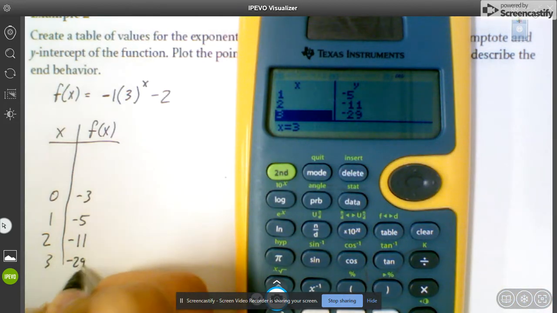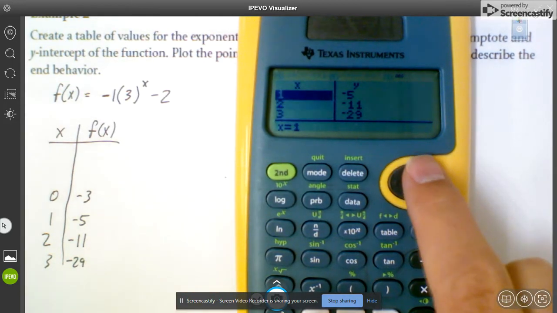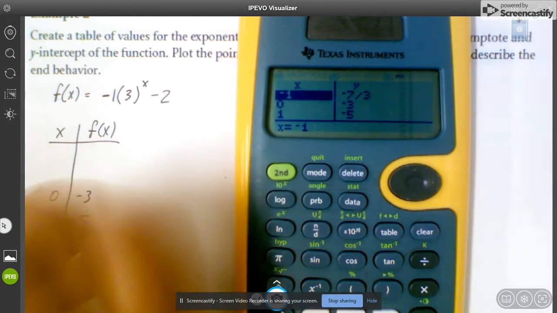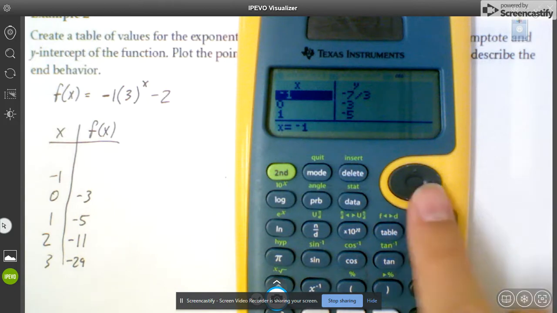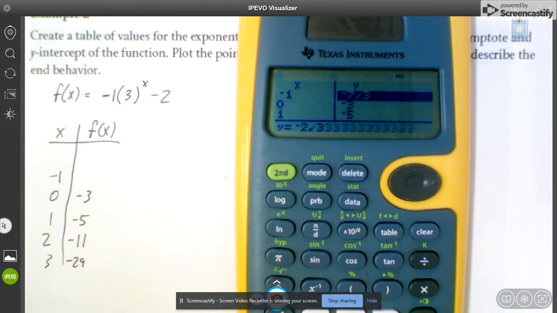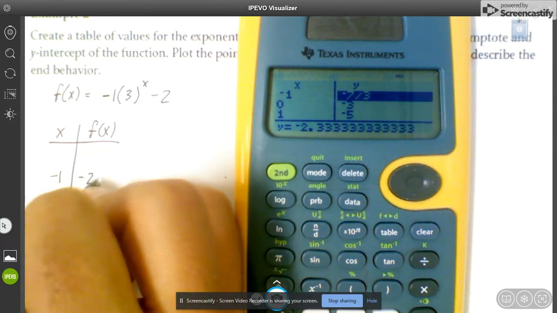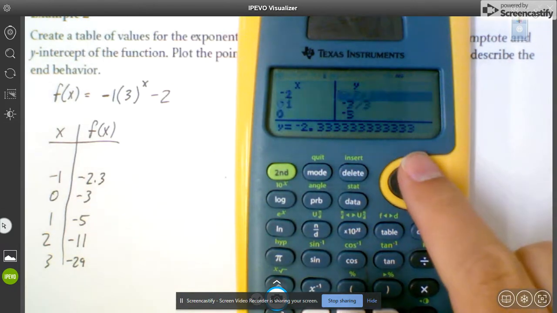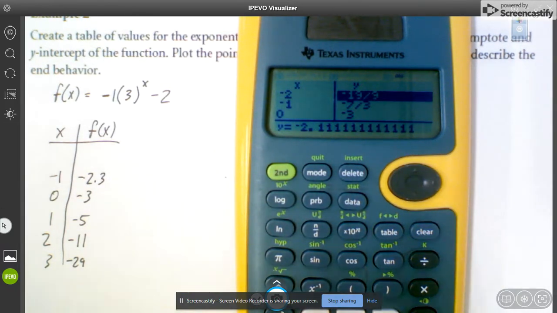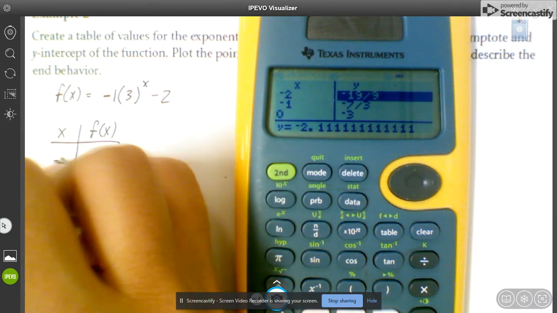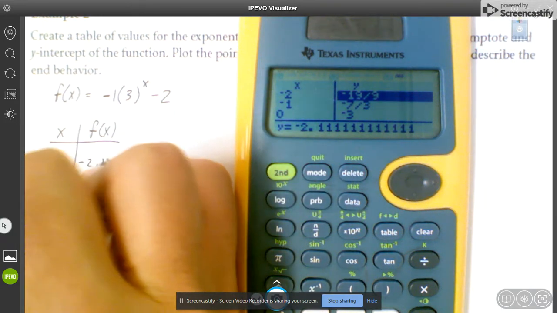We may not graph that actual point if we can get the look of the graph without having to do that. So then I'm going to go back here. So -1. All right. I got a not nice. So -2.33. So we'll round that, -2.3. And then if I go to -2, I got -2.11, right?